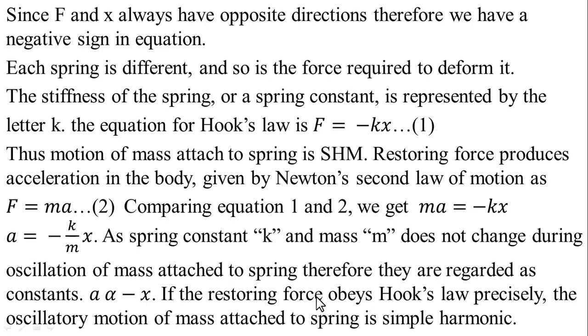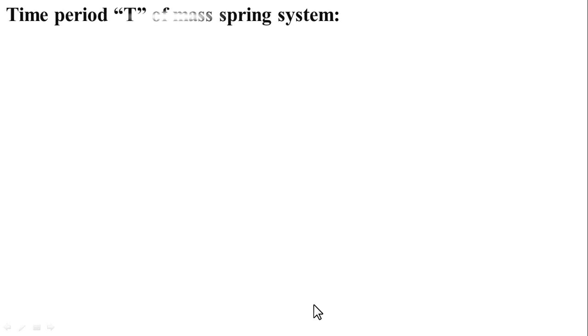If the restoring force obeys Hooke's law, then we have oscillatory motion of a mass attached to a spring, that is called simple harmonic motion. Then we can calculate the time period of a mass spring system.